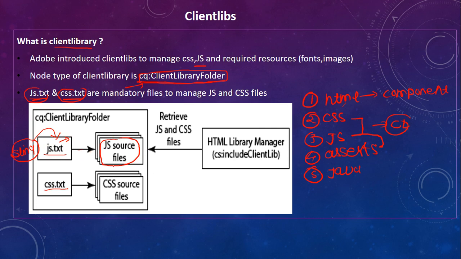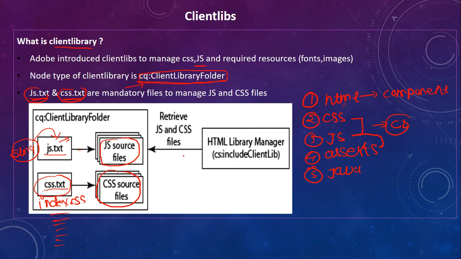And after that, the same with CSS: if you have written something like index.css, and index.css may have 1,000 lines of code inside, and you have written it inside the css.txt, then only this file Sling will pick up from this folder. After that it will execute.